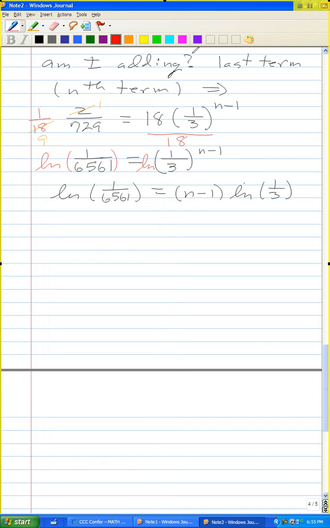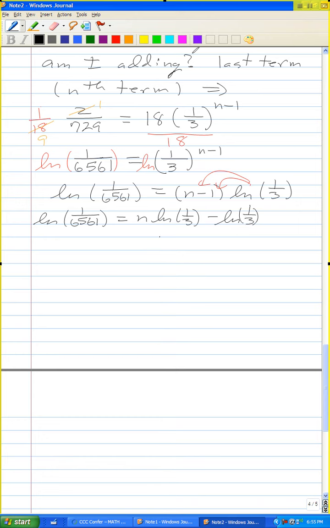Multiply ln 1/3 inside the parentheses. So I get ln 1 over 6561 equals n ln 1/3 minus ln 1/3.